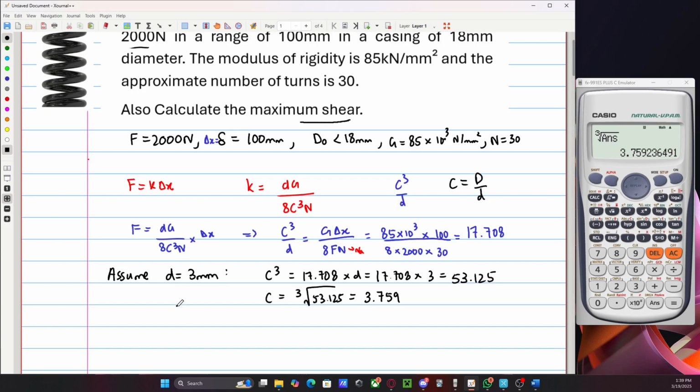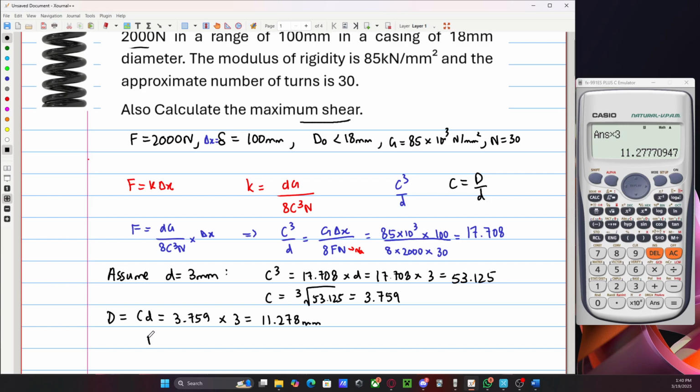Okay. Now we can work out what capital D is, because we know C, the spring index, is D over d. So our capital D will be equal to C multiplied by d. So that will be 3.759 multiplied by our d, which is 3. I'm going to store this, because we might use it later on. So times by 3, we get 11.278 millimeters.